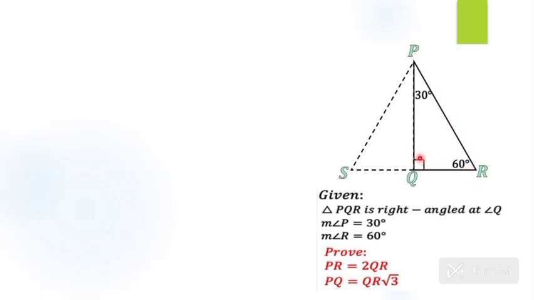So if we construct a mirror of this triangle, or if we draw the opposite on the left side, then we could also create an equilateral triangle. So now let's prove if this equilateral is true.